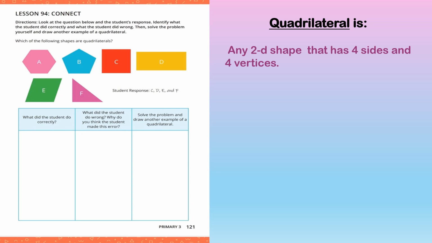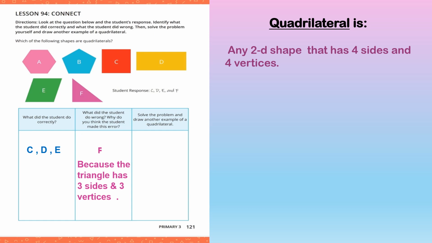So the student did correctly: C, D, and E are quadrilaterals. But the student did wrong: F is a triangle, and a triangle has 3 sides and 3 vertices.